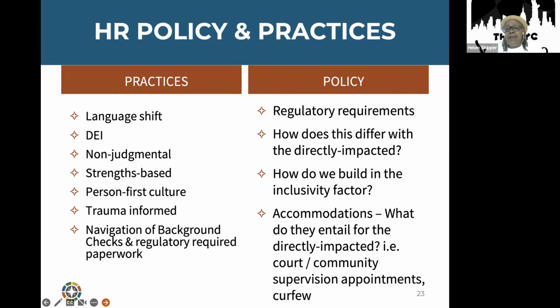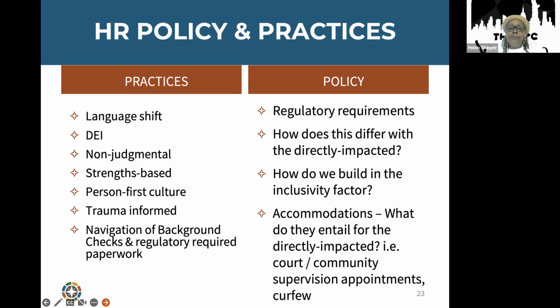We're going to look at DEI, and that's diversity, equity, and inclusion. We need to look at how this differs with those who are directly impacted. What should we include? We're back to the non-judgmental piece again, and this totally hits there. We're going to be strengths-based because this is the avenue, the pathway that we're building.